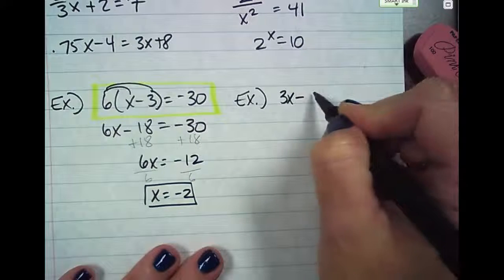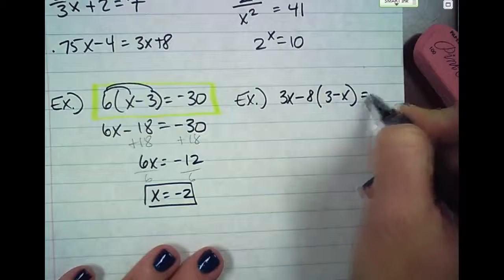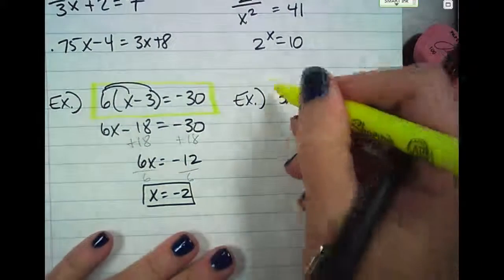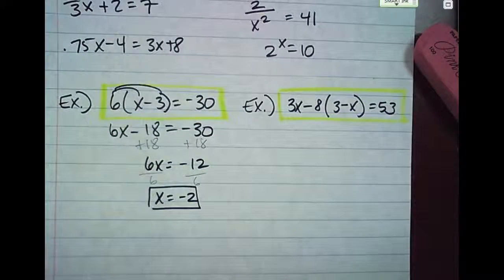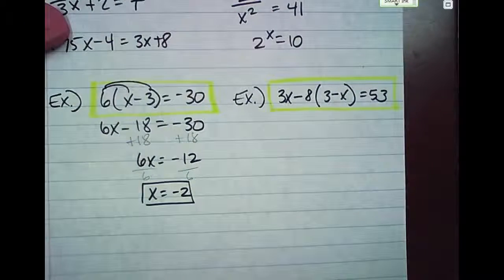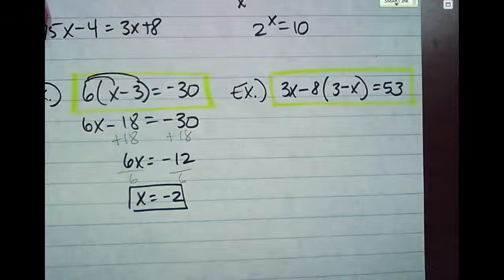3x minus 8(3 minus x) equals 53. Again, order of operations is going to tell us to drop the 3x down and distribute the negative 8.